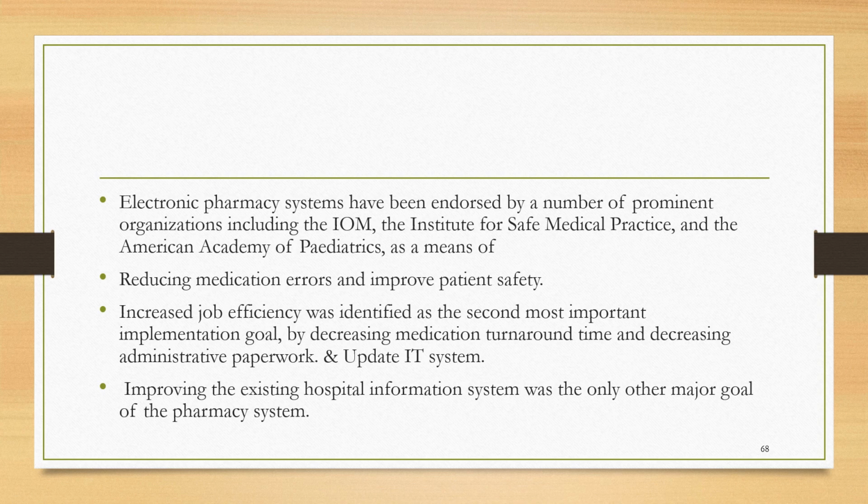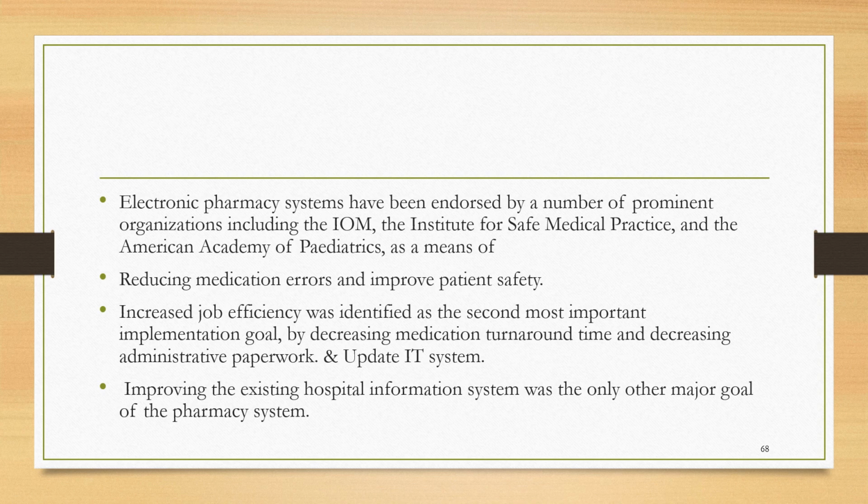And electronic pharmacy systems have been endorsed by a number of prominent organizations, including the Institute of Medicine, the Institute for Safe Medication Practices, and the American Academy of Pediatrics as a means of reducing medication errors and improving patient safety.